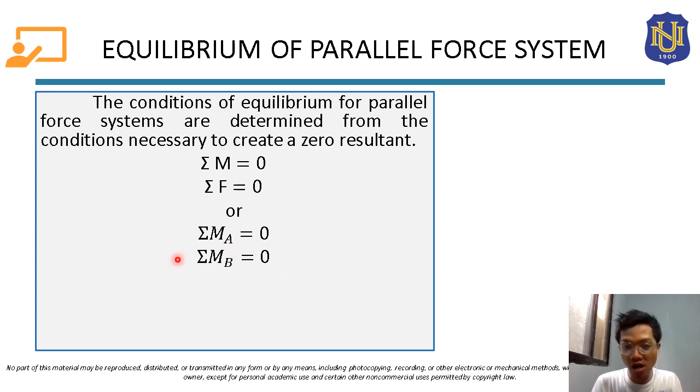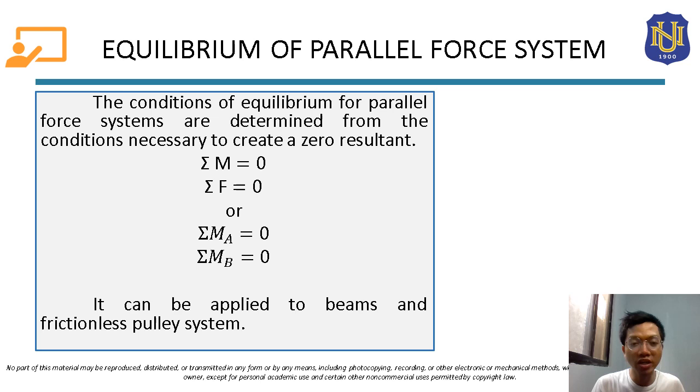So it's up to us what combination of equations we're going to use. It can be one equation for summation of moment and one equation for summation of forces, either horizontal or vertical, or it can be both summation of moments. So it's up to you. Anyway, it can be applied to beams and frictionless pulley systems.